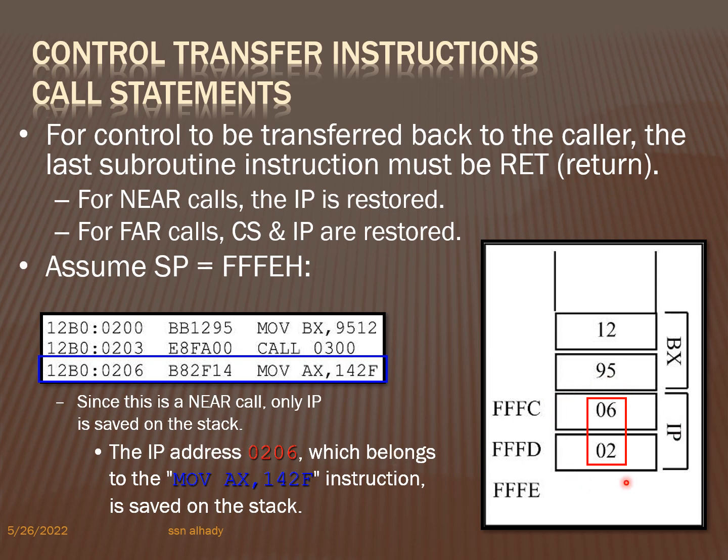The SP will decrement by 1, store the first byte, the higher byte, and then decrement again and store another byte. So the IP address 0206, which belongs to the MOV AX instruction, is saved onto the stack, meaning the next instruction after the call.